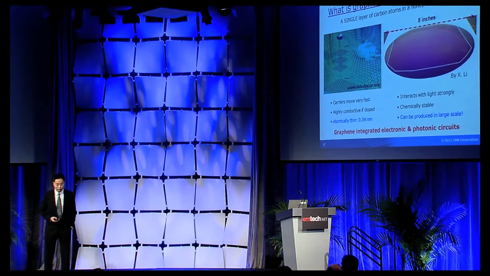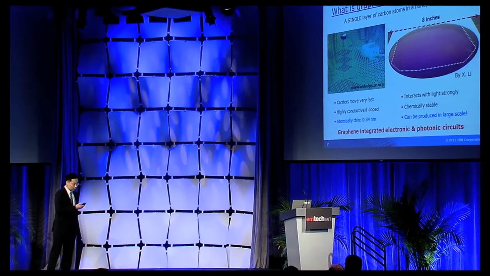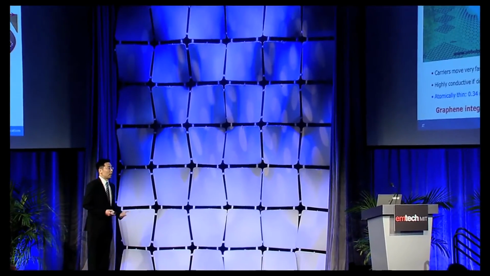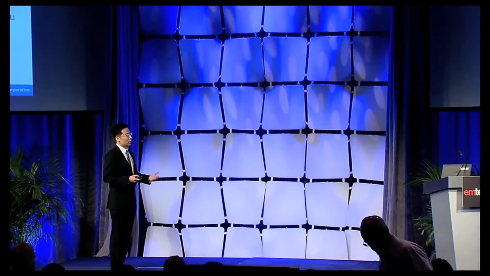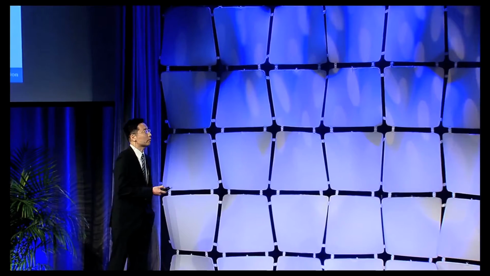One most important thing I want to emphasize is, unlike other new materials right now, graphene can already be produced in very large quantity. Here I show graphene on an 8-inch wafer. So we can envision graphene-integrated electronic and photonic circuits completely on a single chip.